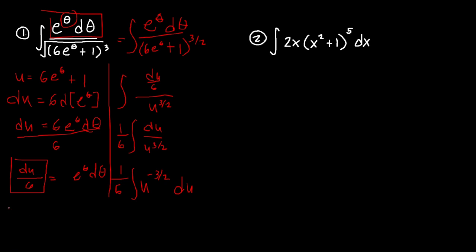So all we have to do is find the integral of u^(-3/2), and that is u^(-3/2 + 1) over (-3/2 + 1), plus C, and then we can calculate that.